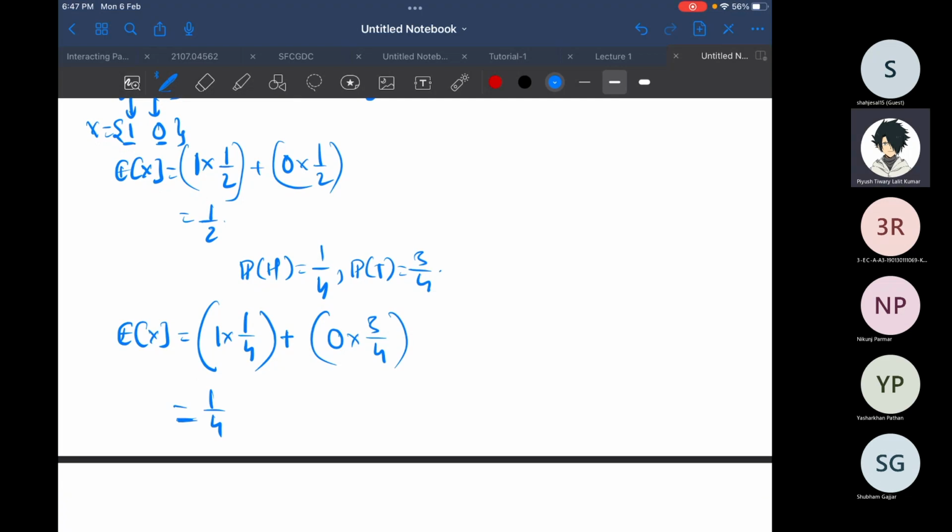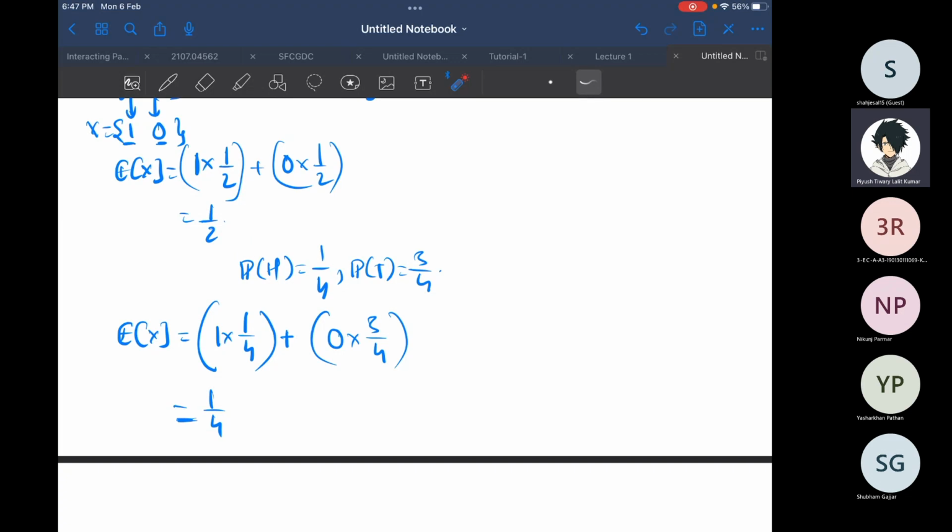So what does this mean? Since there is some bias in the coin, the coin in some sense prefers the tails. The outcome of tails is more probable than that of heads. Because of this reason, my expectation has shifted from half to 1 by 4. So now my expectation is becoming less.